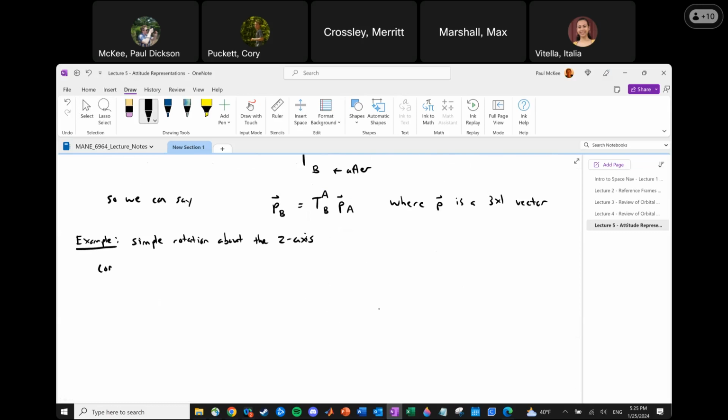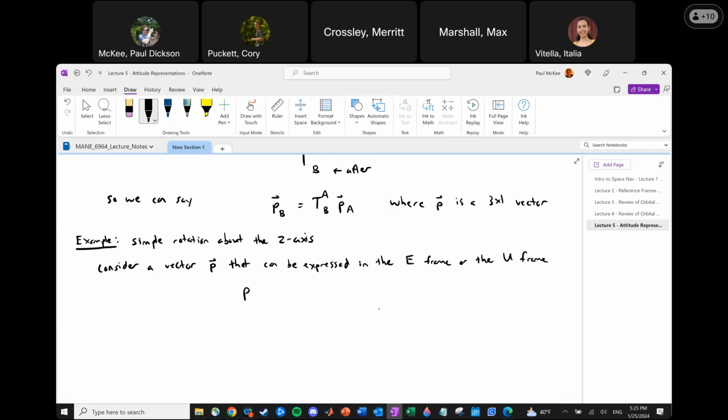Consider a vector P that can be expressed in the E frame or the U frame. And so we'll say this.